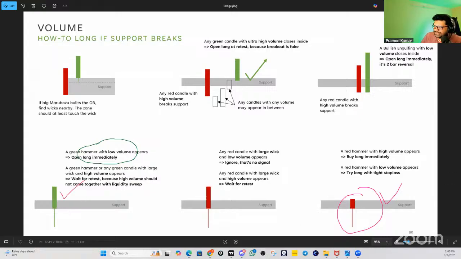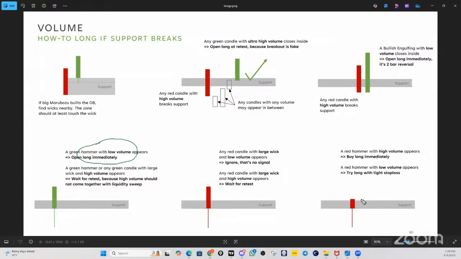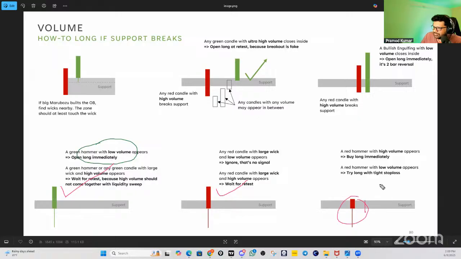Just add one more green in here, no problem. This is also correct. But here, this hammer, we should see the green also. When you see the green with the low volume near the support, then yes, you should take the trade immediately. You are not waiting for any retest there.